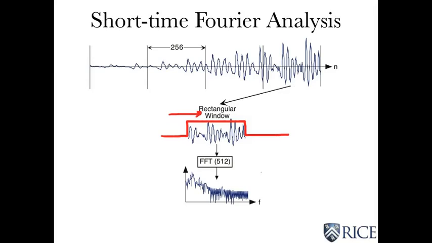Well, let's look at an example here in a bit more detail to see what the effect is of multiplying by this window. So suppose we have a signal that looks something like that, and we multiply it by a rectangular window. And the result is going to be something that looks like this. And the problem occurs at the edges.